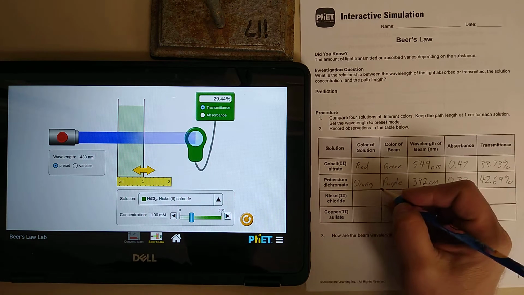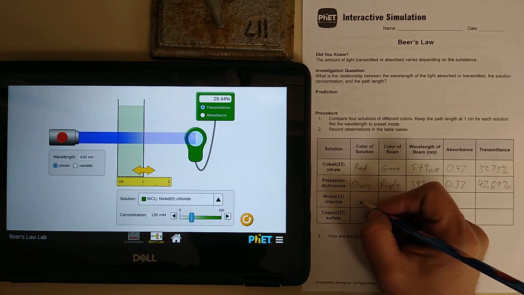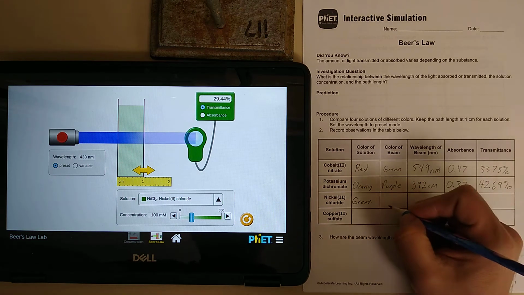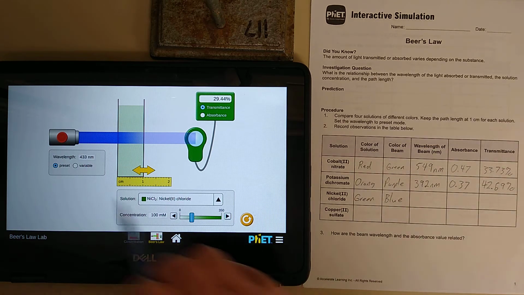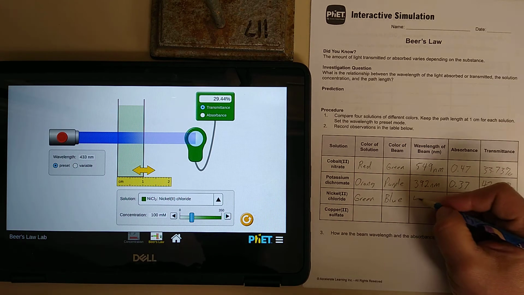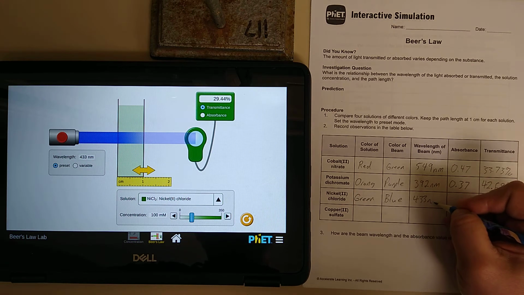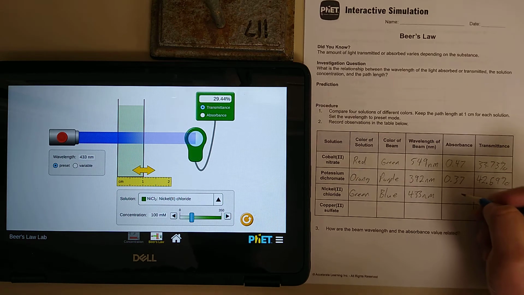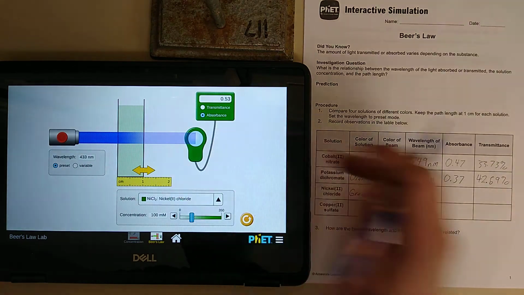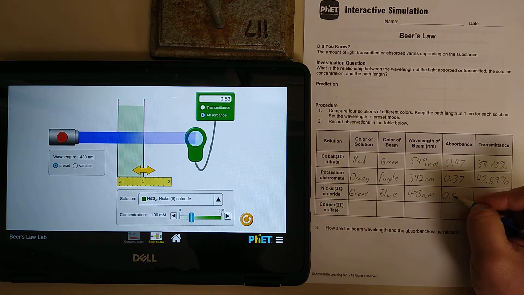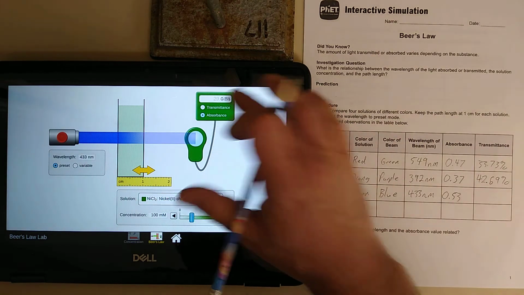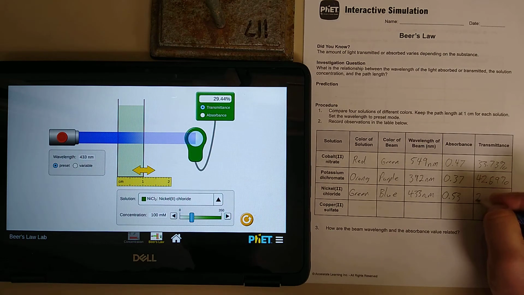Nickel 2 chloride is green, and the color of the beam is blue. The wavelength is 433 nanometers. Absorbance is 0.53, and transmittance is 29.44%.